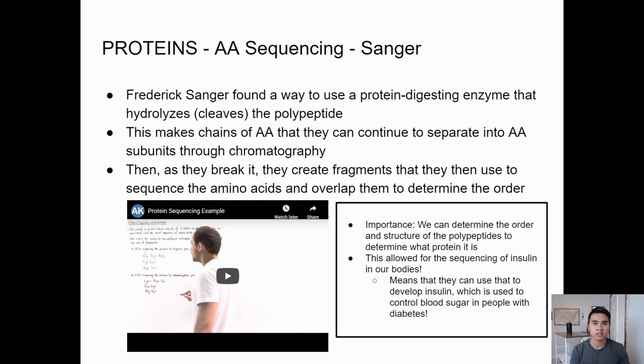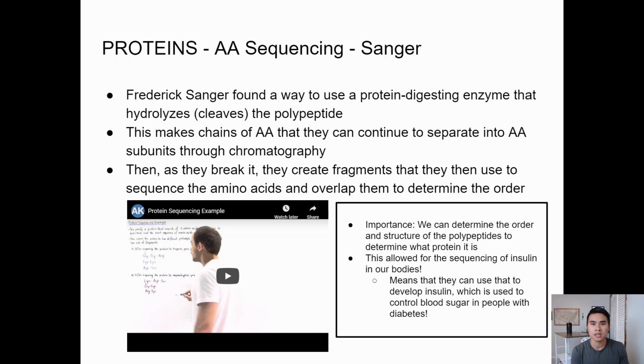Now the important part of this is, let's say that you have something like insulin, which is needed inside our body to regulate our blood sugar levels. By understanding the amino acid sequence in it, we are able to take that amino acid sequence and create synthetic versions of what we just sequenced.